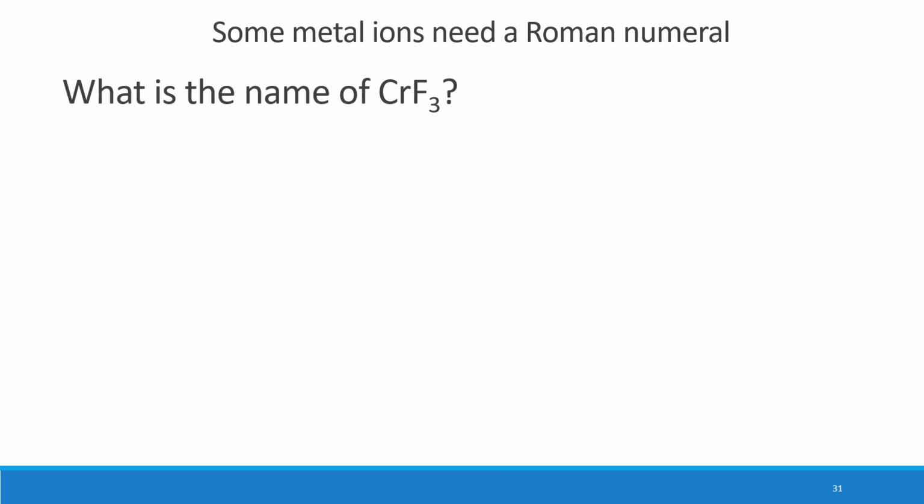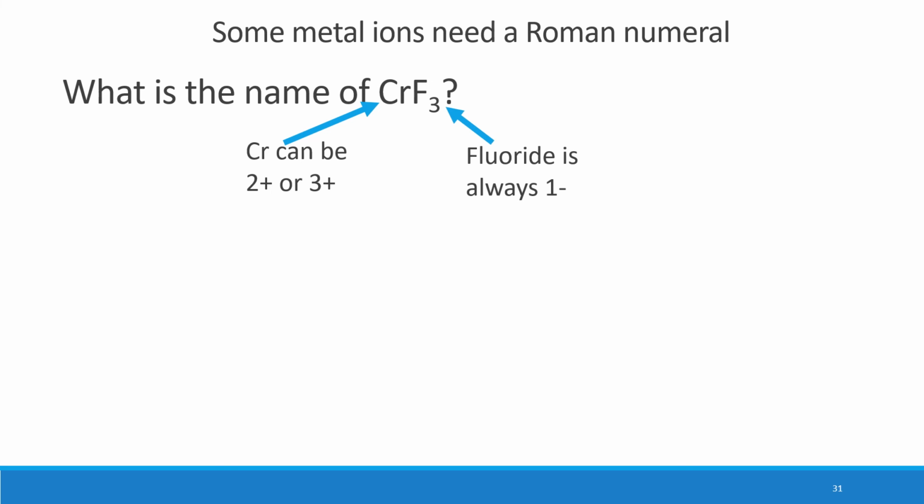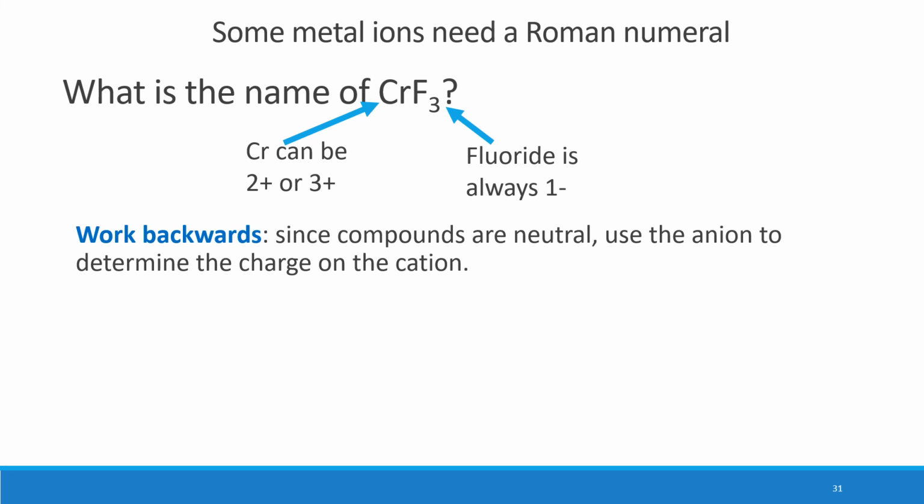Okay, now, you have to be a little bit more careful because some of those metals do require Roman numerals. So for example, chromium is in the middle of the table. It's a transition element. It can be either a 2 plus charge or a 3 plus charge. So we have to figure out which version it is so we can include the correct Roman numeral. So what we're going to do is work backwards from fluoride. Fluoride is always -1. Okay?